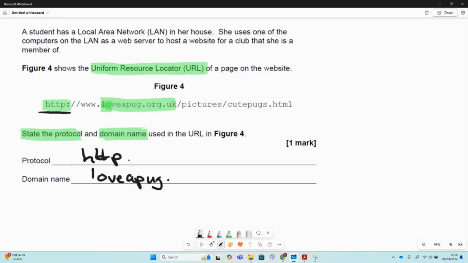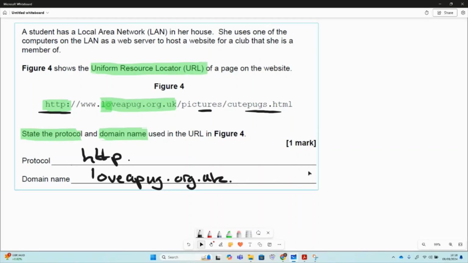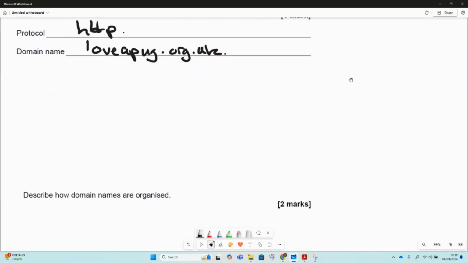But loverpug.org.uk is the domain. So then these bits further on, this is the page that we're actually looking at, and this is a folder where pictures are being kept. So it's a folder called pictures. So those things are not to do with the question, but they're part of the fully qualified domain. So let's move on.